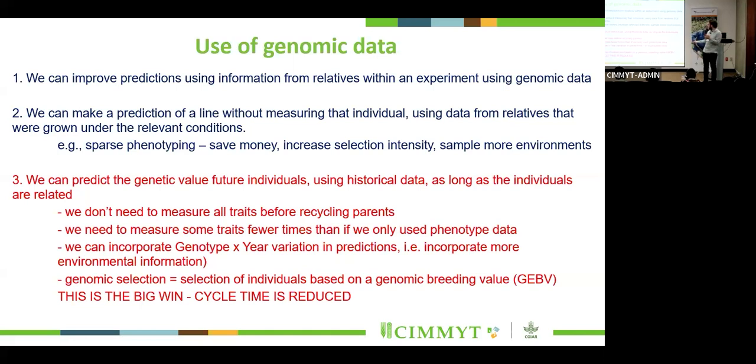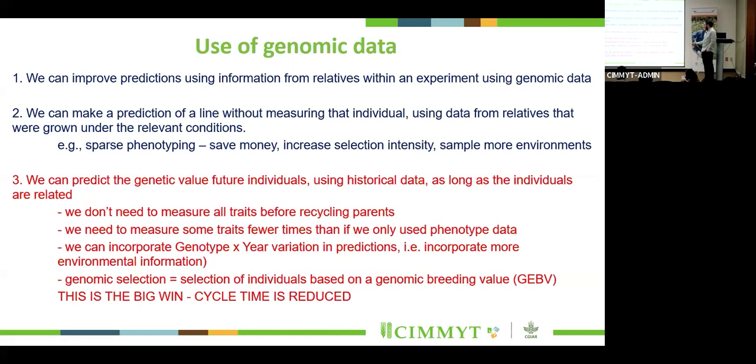So now we use the historical data to add to that, using the genomic connection, basically related to earlier individuals. So we can actually measure traits fewer times than if we only use the phenotype data. Because we have this historical data, instead of waiting to get more data in the future, we use historical data to add.